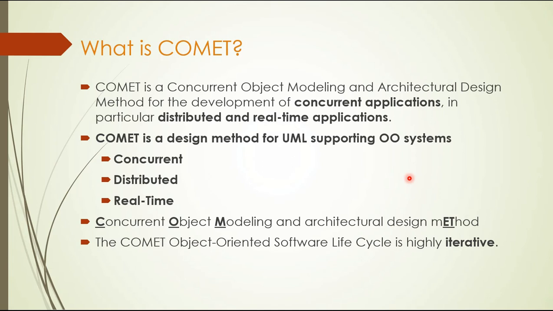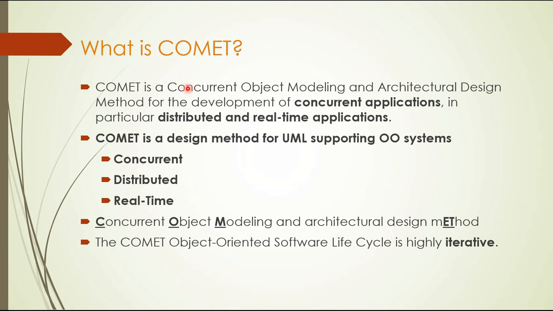So the COMET method is a concurrent object modeling and architecture design method for developing concurrent applications, in practice distributed and real-time applications. So I think the definition is clear because we already gave an introduction about it.